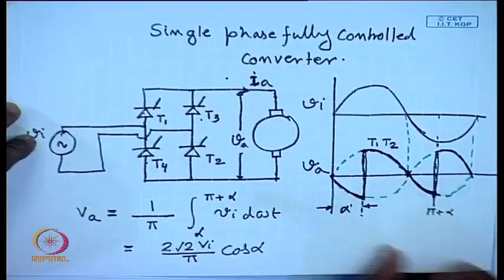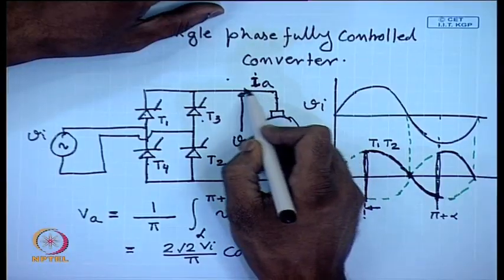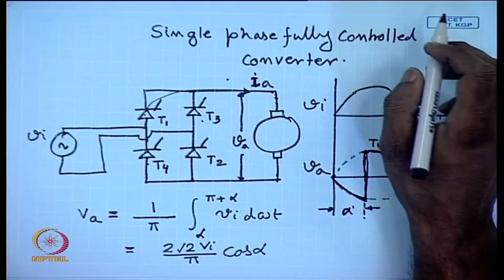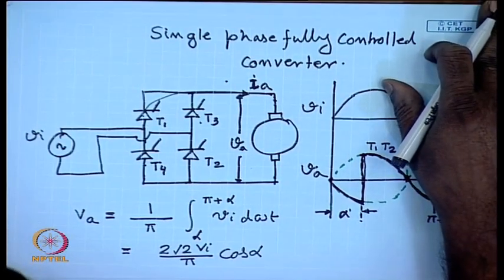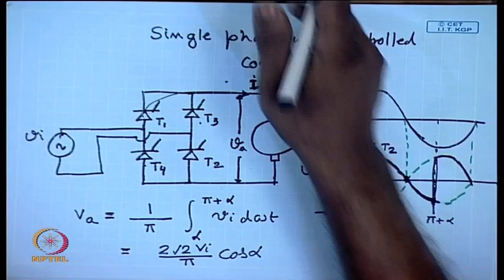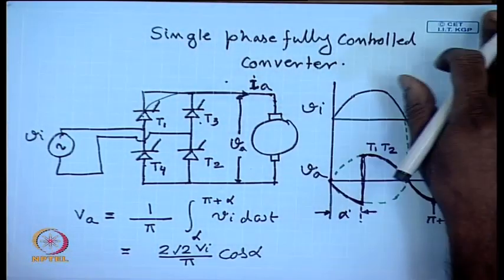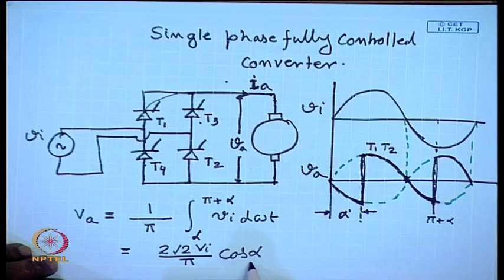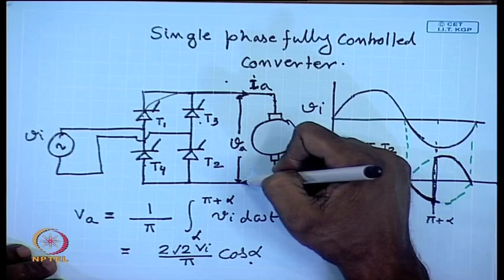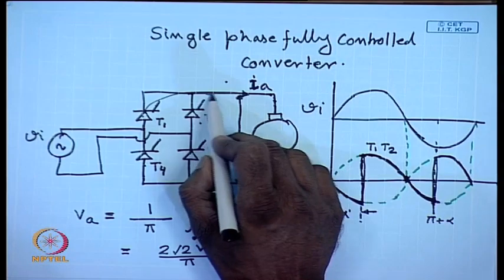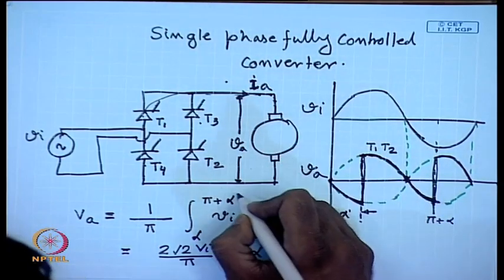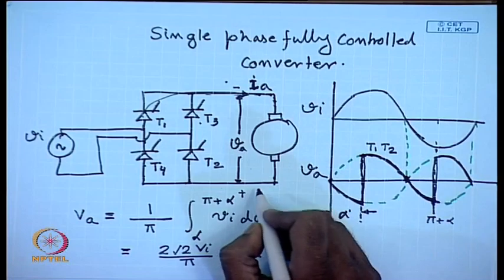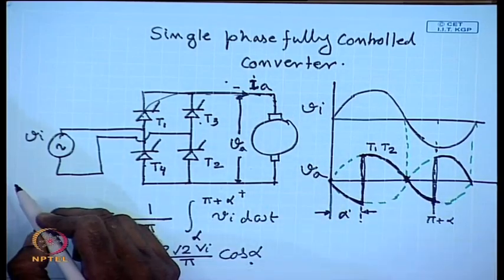Unfortunately for this case, there is no way this armature current can flow in the opposite direction. So, regenerative braking in the forward direction is not possible, but we can see that if we make alpha larger than 90 degrees, then the average DC voltage becomes negative, in which case when the current flows in this direction, with this terminal positive and this terminal negative, the power is still fed back to the supply.